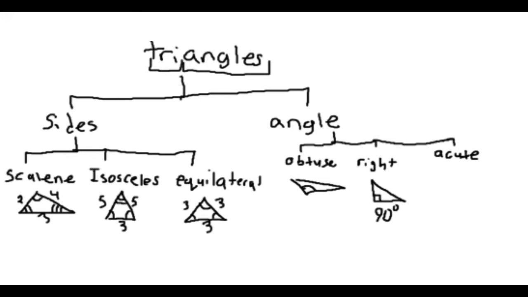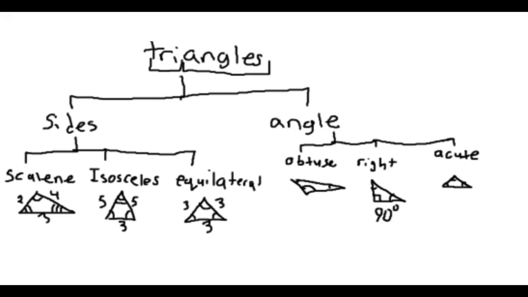Acute triangles are triangles where all three angles are less than 90 degrees, aka acute. So notice how right triangles do have two acute angles. Obtuse triangles also have two acute angles. But acute triangles, all three of them are acute. If there's one right angle, it's a right triangle. If it's one obtuse angle, then it's an obtuse triangle.